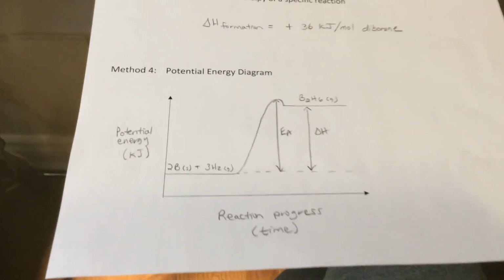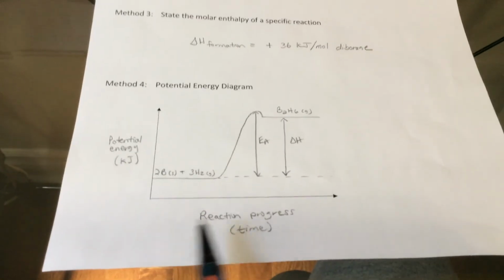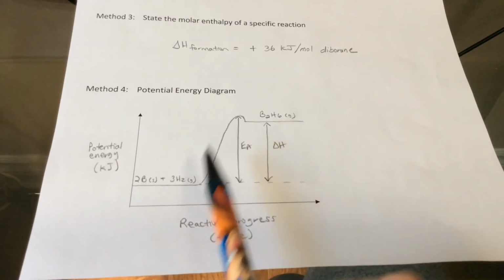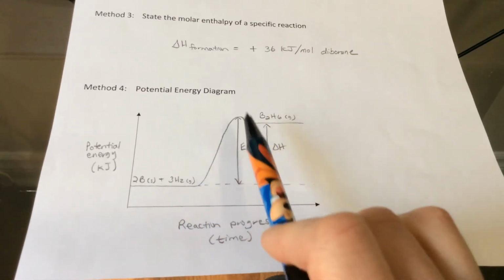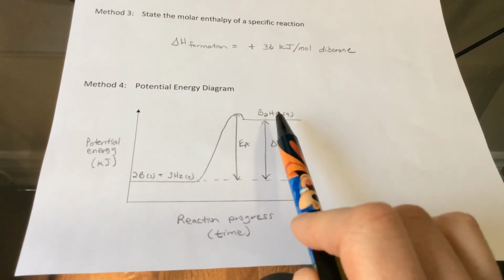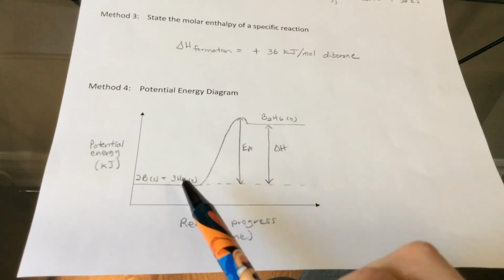And representing this in a potential energy diagram, we have our potential energy, we have our reaction progress. When we think about the fact that this is endothermic, energy needs to be put into this. The potential energy of the product is going to be higher than the potential energy of the starting reactants.